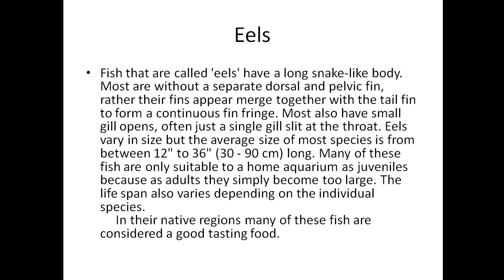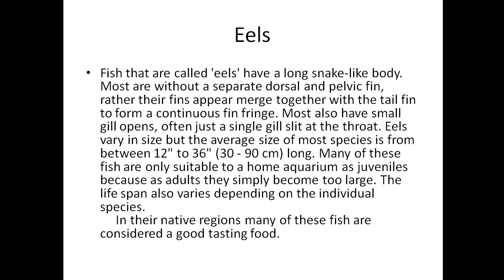Eels vary in size, but the average size of most of the species is from 12 to 36 inches, that is 30 to 90 centimeters, the general length of these eels. And in a home aquarium you cannot keep them, only juveniles you can keep. The adults become too large.